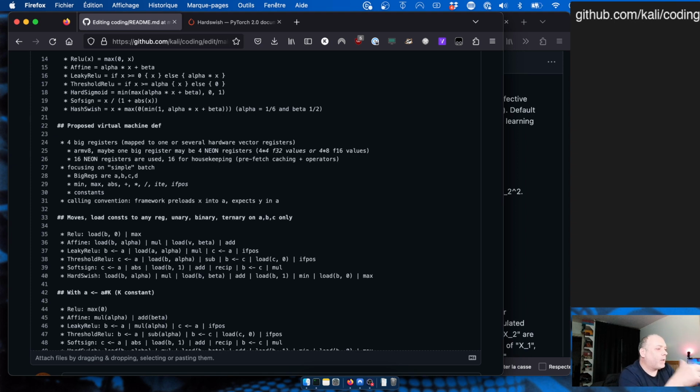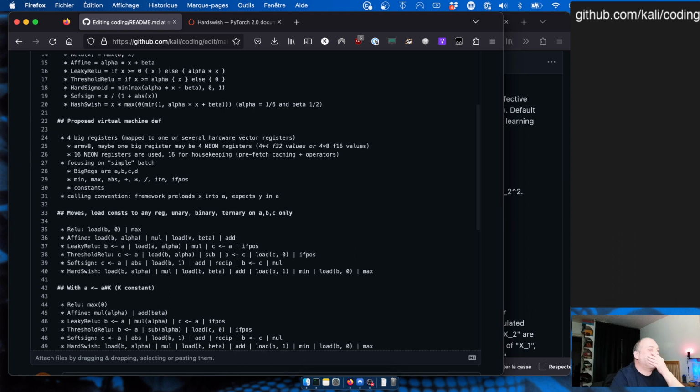So I have x in B, I have x minus alpha, assuming that it reads left to right in A. So I can do the if pose, but to do the if pose I also need to have a 0 in C. So I guess I still need a load C0 in this specific case, but it's not too bad actually.